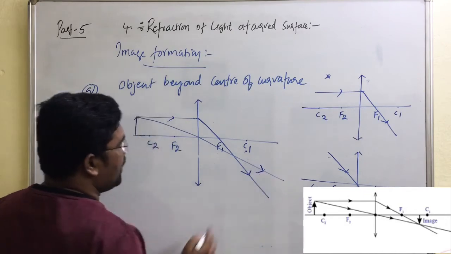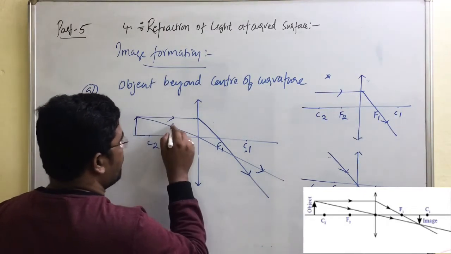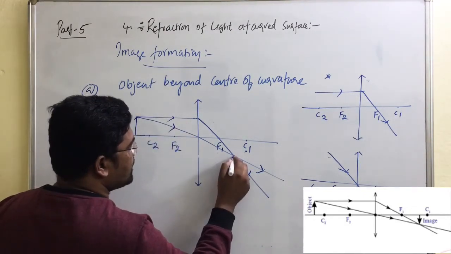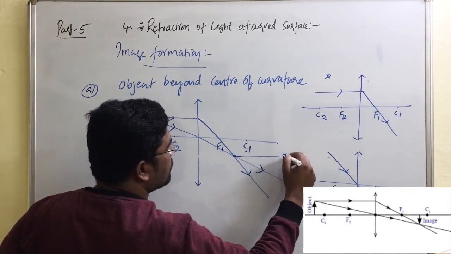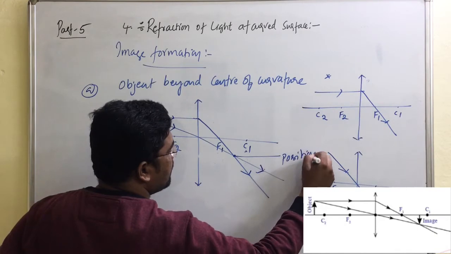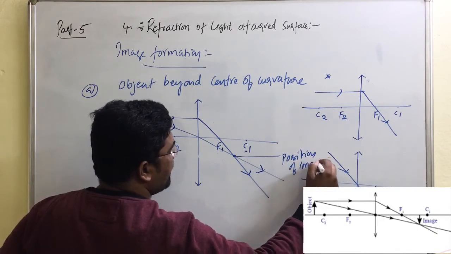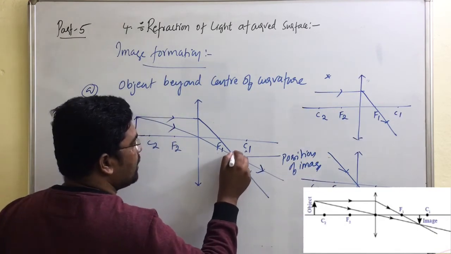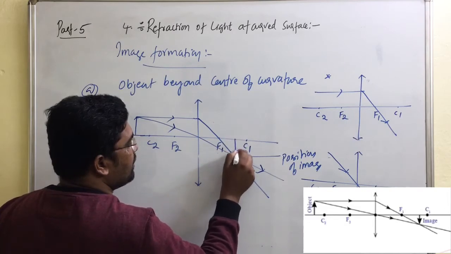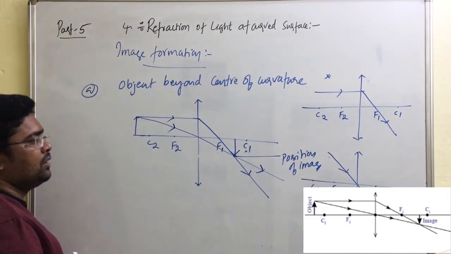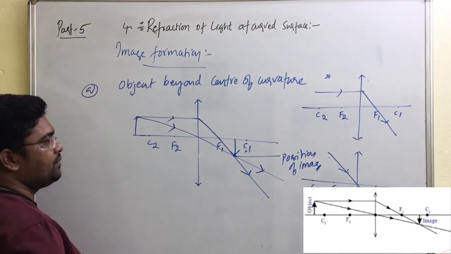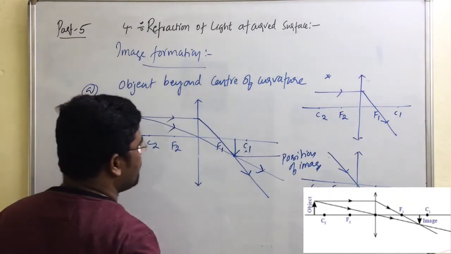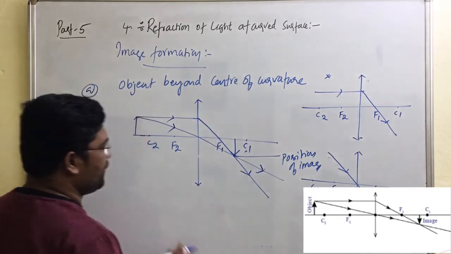These two light rays intersect at this point, and this point gives us the position of the image. From this point we draw a normal line, which represents the height of the image. So when the object is beyond the center of curvature, we get the image between F and C.